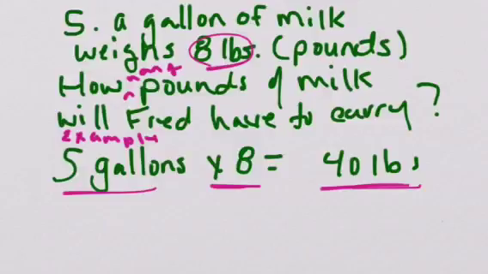The 8 here. We had the gallons from problem 4. And the answer is he'll have to carry 40 pounds. Your answer has a different amount, so you'll have to work it out. But here's how you would resolve that.